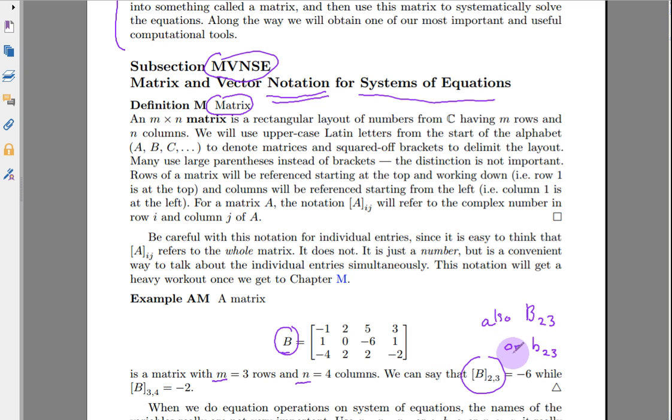Okay, so test yourself. What would b42 be? Well, there is no b42, so that does not exist. All right, let's try again. Let's think about b33.